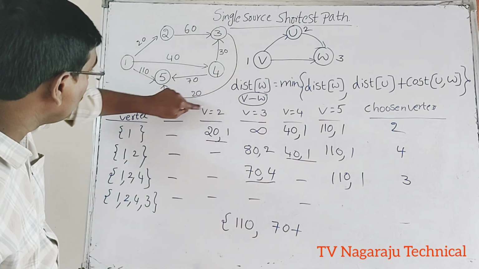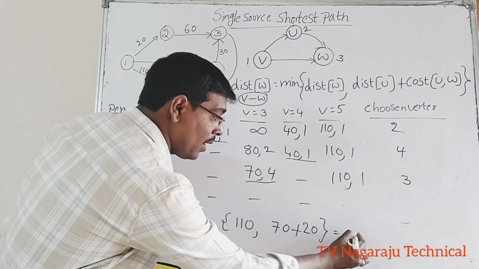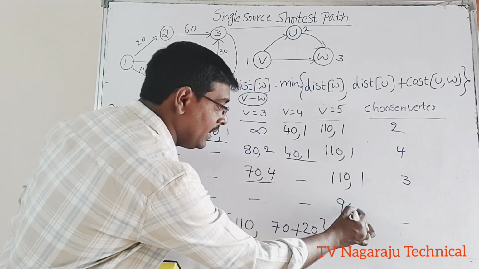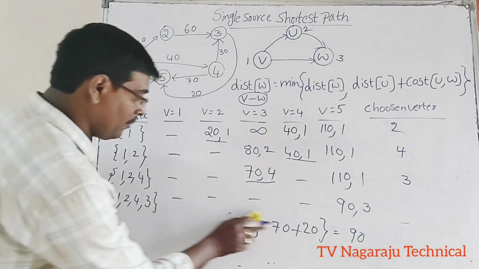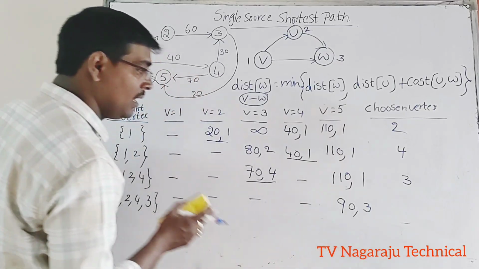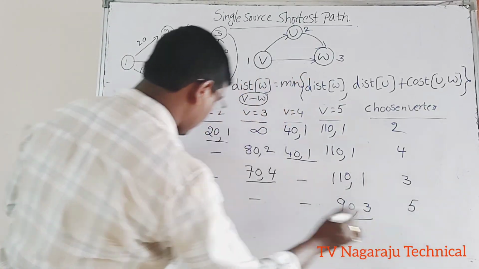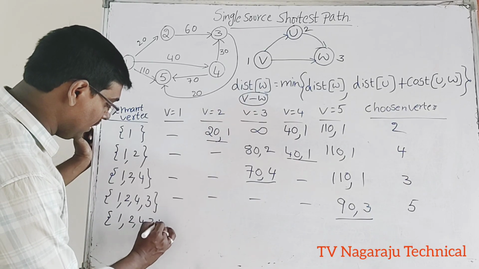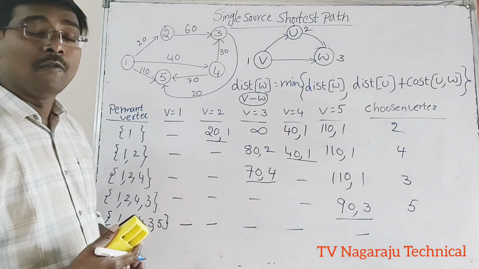Yes. 3 to 5, the edge is there, that is 20. Now what is the minimum one? 90. So updated 90, comma 3. 90, that is from vertex number 3. Now only one vertex is available, that is 5. That is also selected. 1, 2, 4, 3, 5. Now all the vertices are selected.